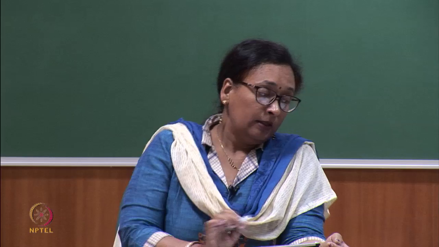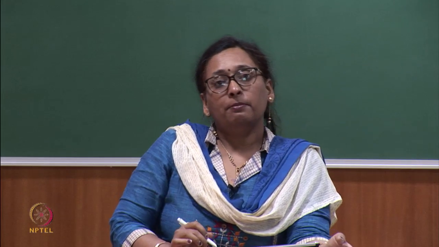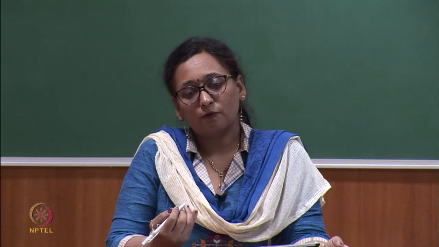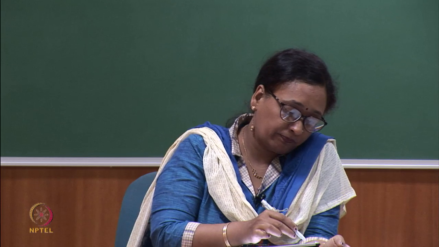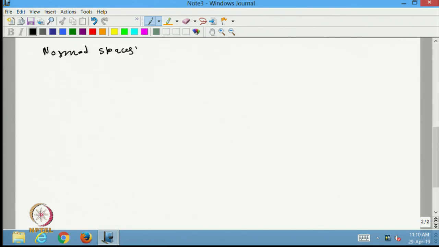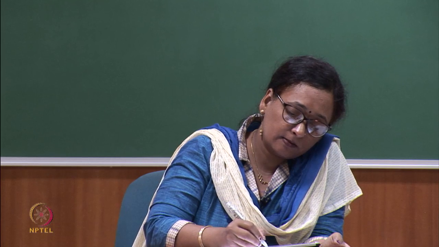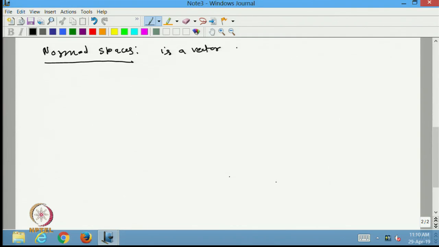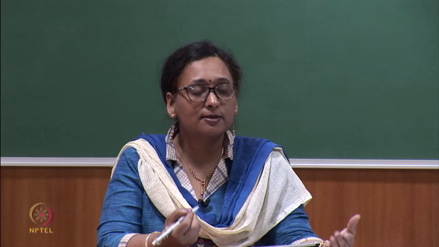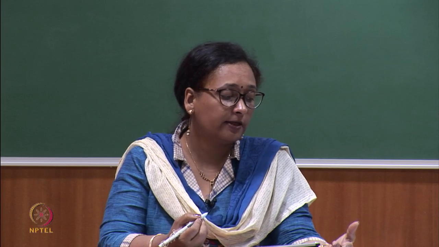Okay. Now I am coming to the concept of normed spaces. So what are normed spaces? A normed space is a vector space with a norm. What is the concept of a norm? A norm is what we define to measure the size of an element of a vector space.